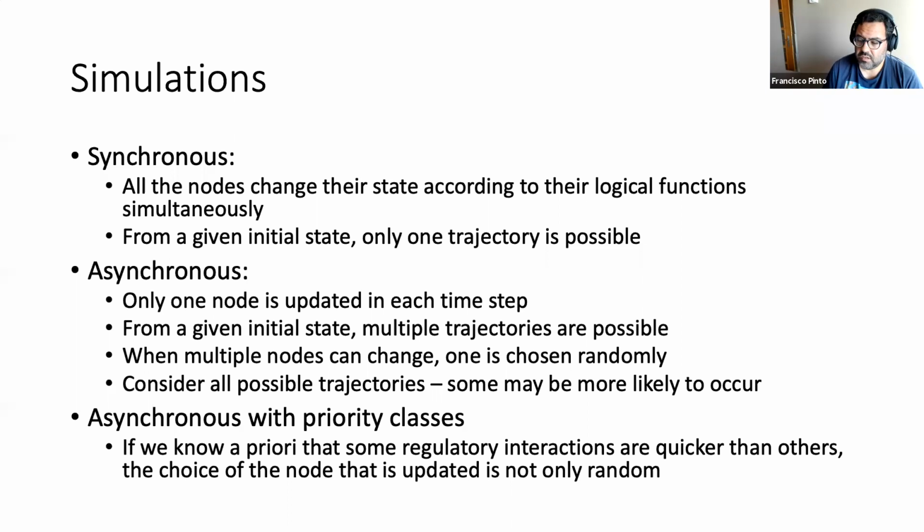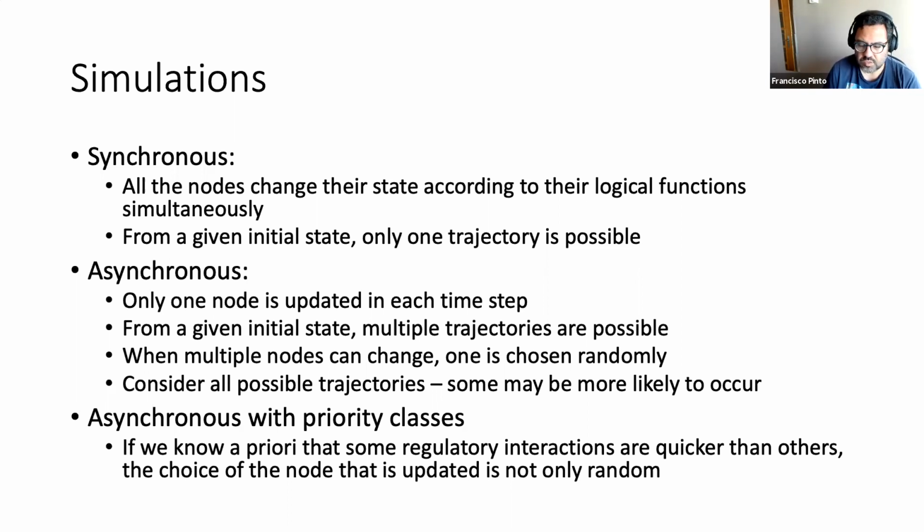But you can notice that in the asynchronous update with priority classes, we need some kind of parameter for each interaction. We need to know if it is quicker or slower. So we start having the need for some kind of parameter, and that is also a reason why you don't see a lot of published models with the asynchronous update with priority classes.